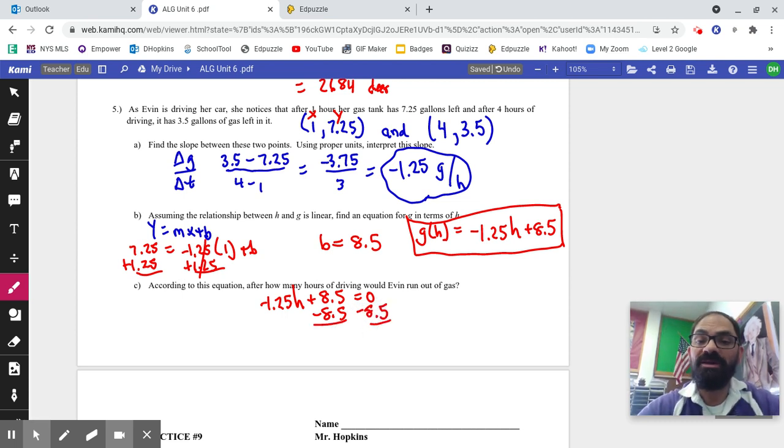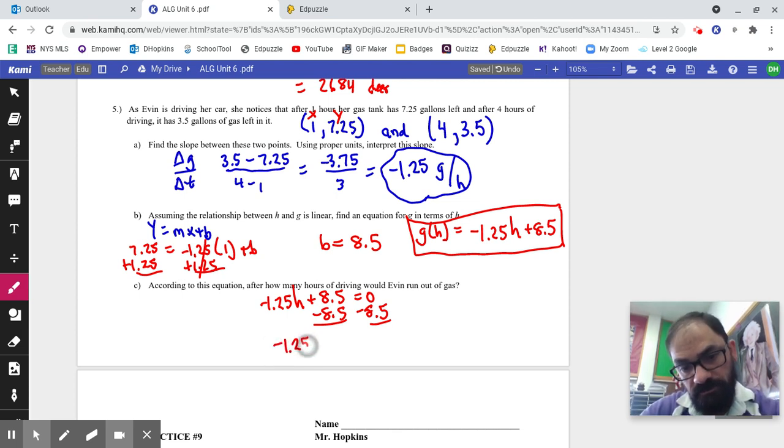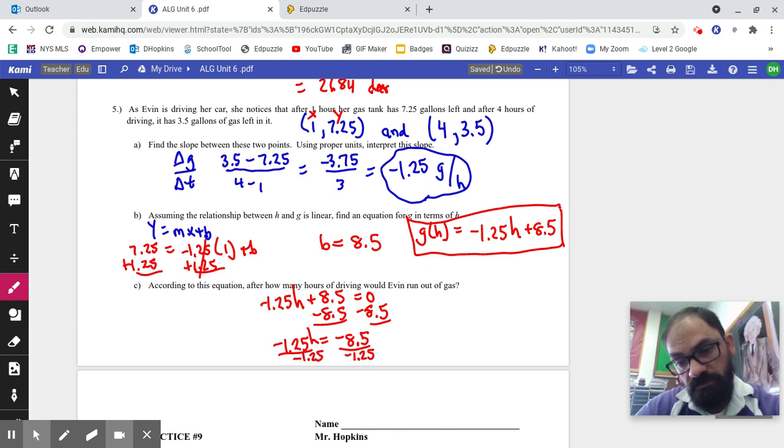Because I want to find out when it equals 0, or gas, that is. And then I'm going to divide, oops, I left my H off. Divide by negative 1.25. And H equals, calculator time, 6.8 hours.